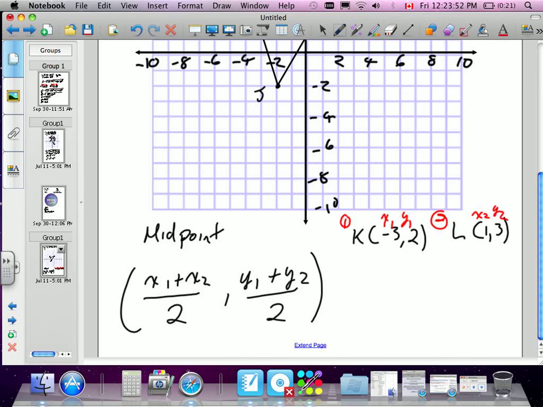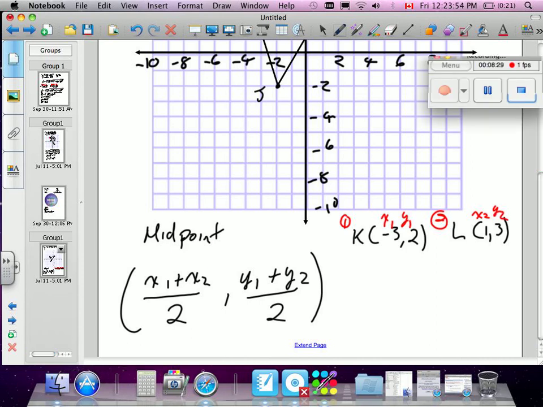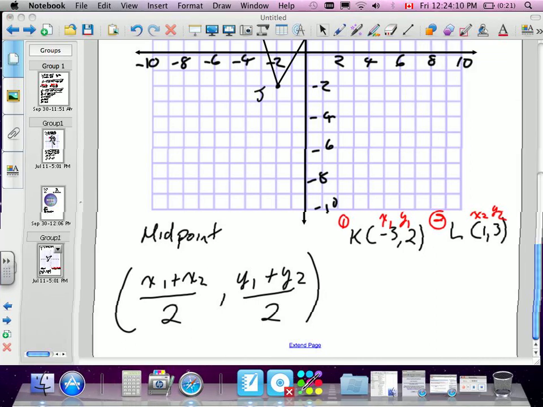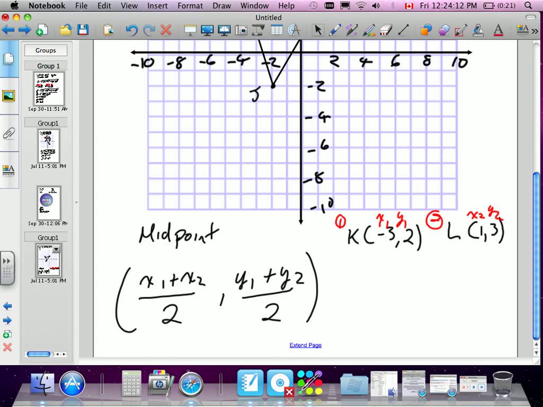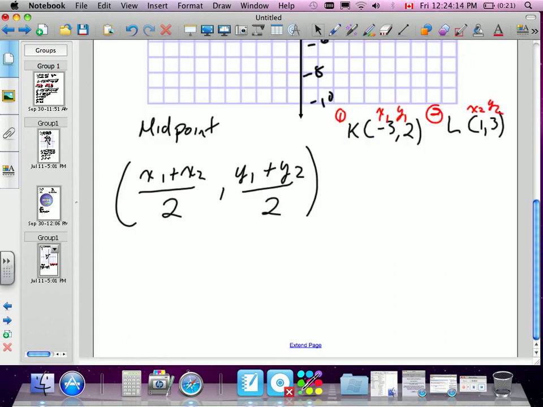We're going to plug these points in. Our x1 was -3. Our x2 was 1. Our y1 was 2. And our y2 was 3.